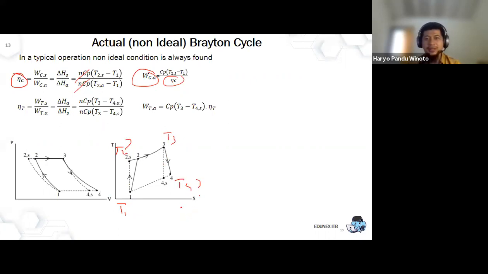Always use this approach. This efficiency is going to be T2S minus T1 divided with T2 actual minus T1.